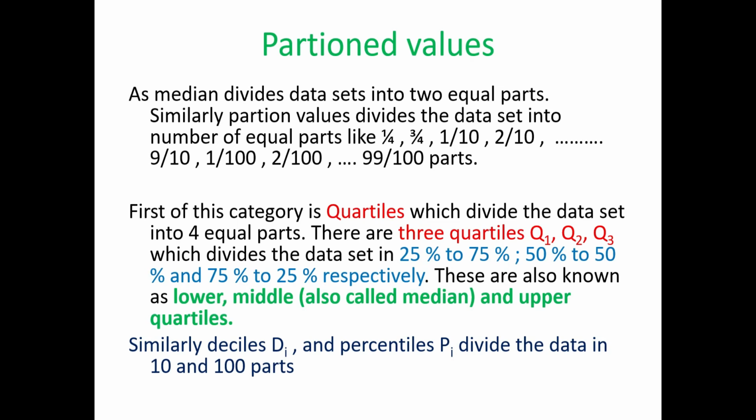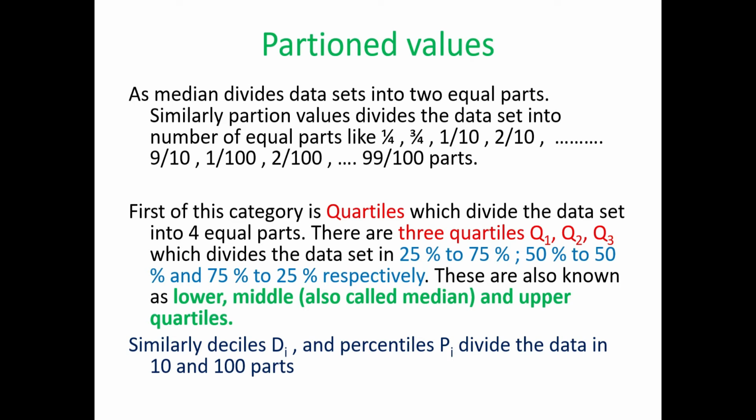Now partition. The next step after the median is that we divide the data into 4 equal parts, known as quartiles: first quartile Q1, Q2 and Q3. Q1 divides the whole data into 25% and 75%, that is, 75% of the data is more than Q1 and 25% of the data is less than Q1.